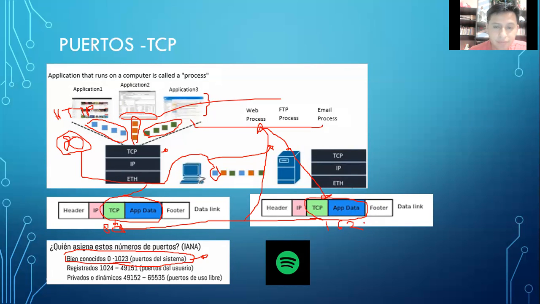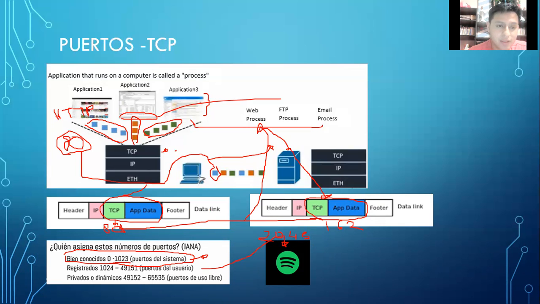The same for the other ports. The user ports, for example, Spotify has a port number. I don't know what the port number is, I believe it is, I don't know, 245.